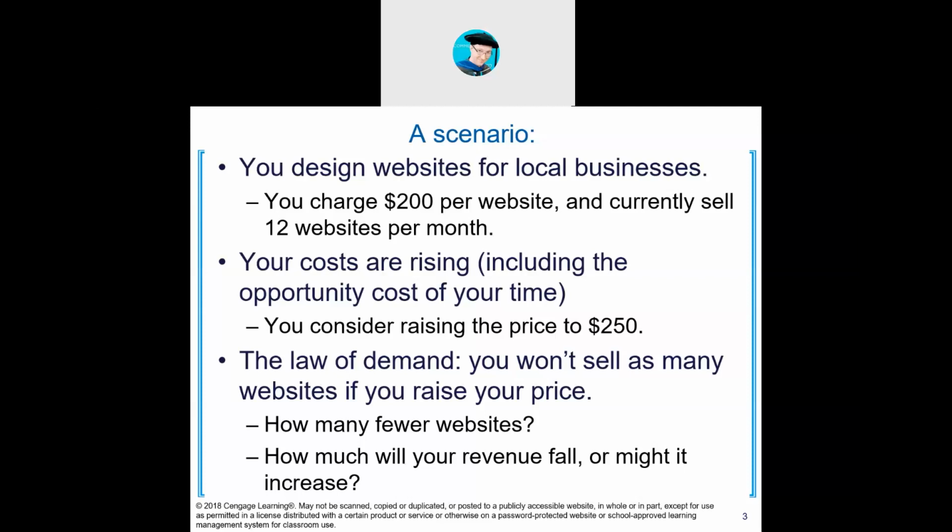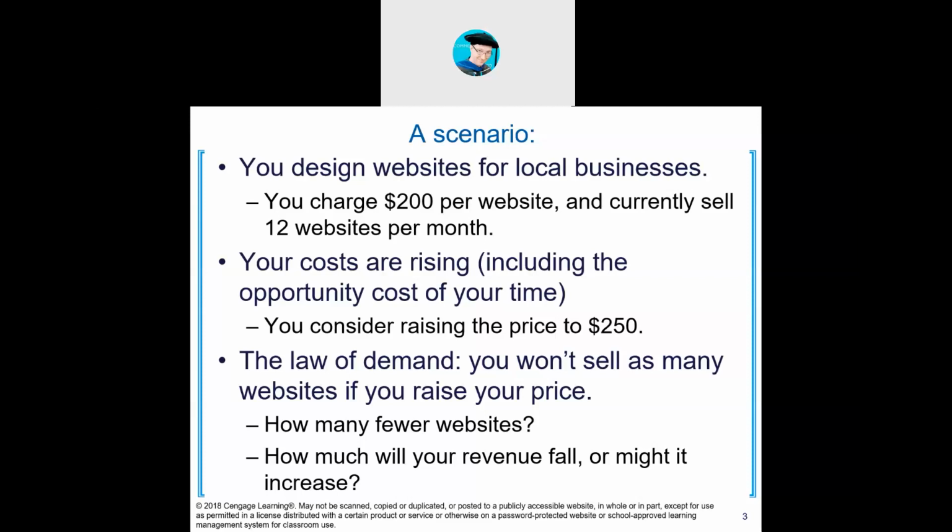Looking at that, our costs are continuing to increase, so you're thinking about raising the price per website to $250. Now, $2,400 is your current monthly income. If you go 250 times the 12 websites, you're looking at $3,000.